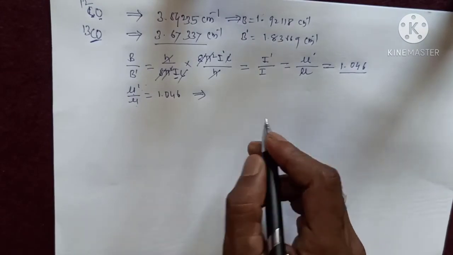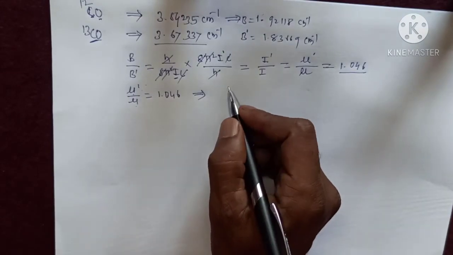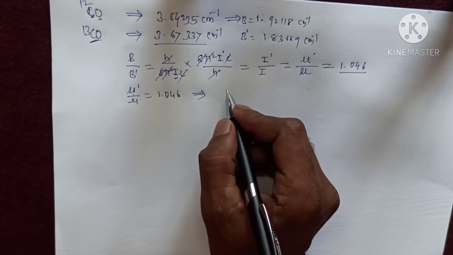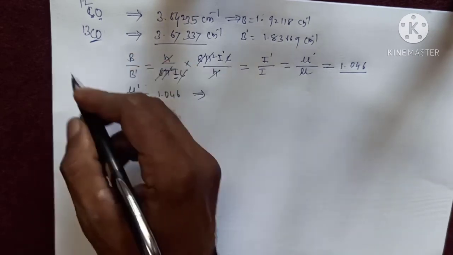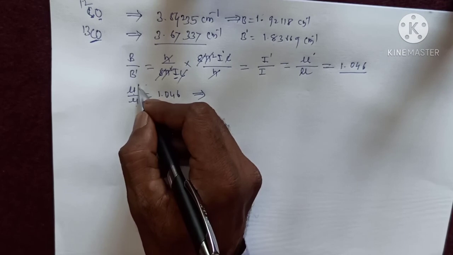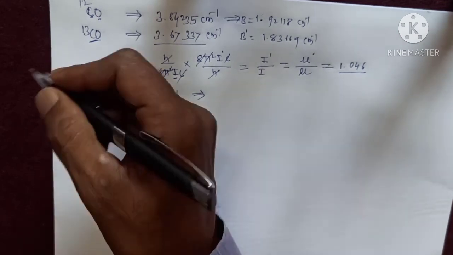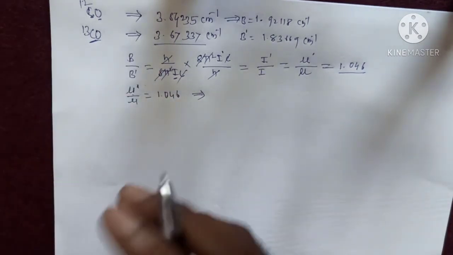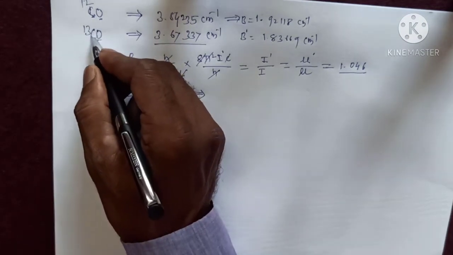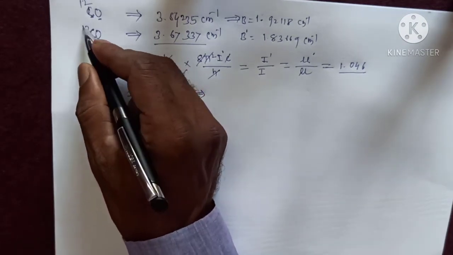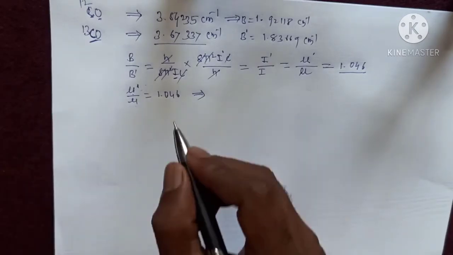So what we see here is that the mass of this isotope, in the case of mu dash, is suppose unknown, and we have to determine it. That will be the practical application: if this carbon is an isotope of the other and its mass is unknown, then we can determine it.